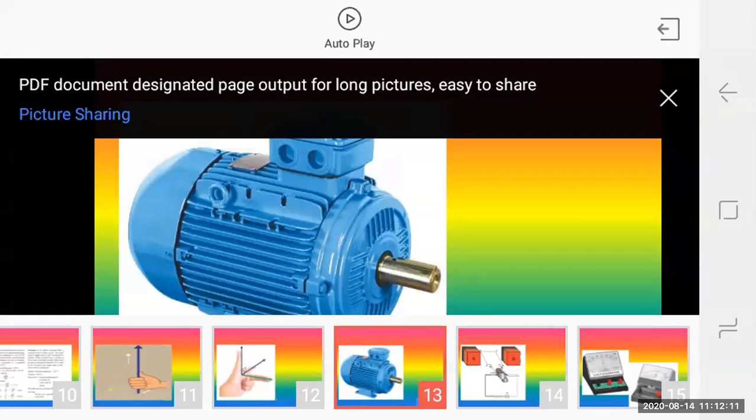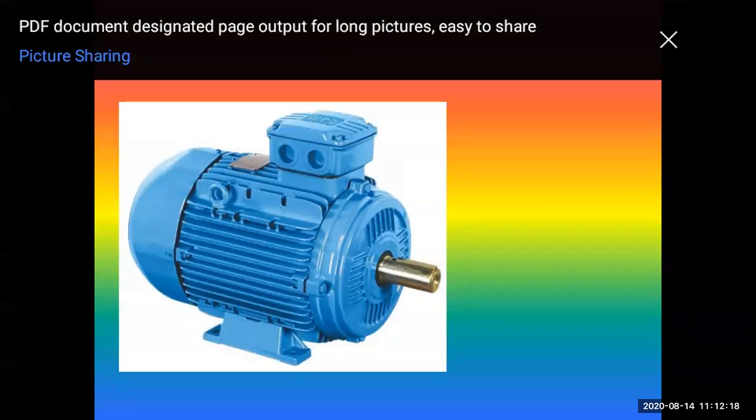Now next is about the electric motor. An electric motor is a device which converts electrical energy into mechanical energy. What is the electric motor doing? It is converting electrical energy into which energy, students? Mechanical energy. So how does it work?